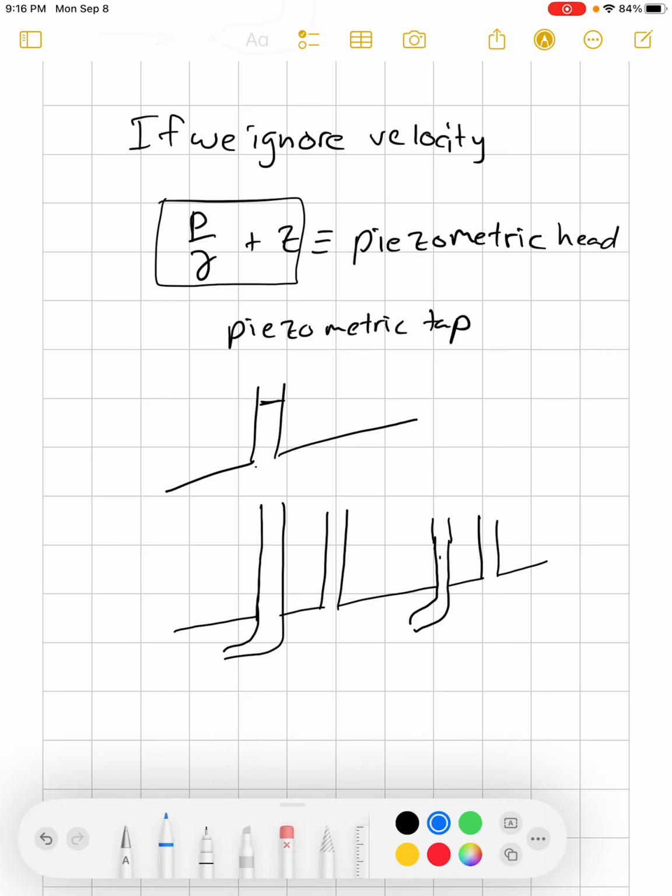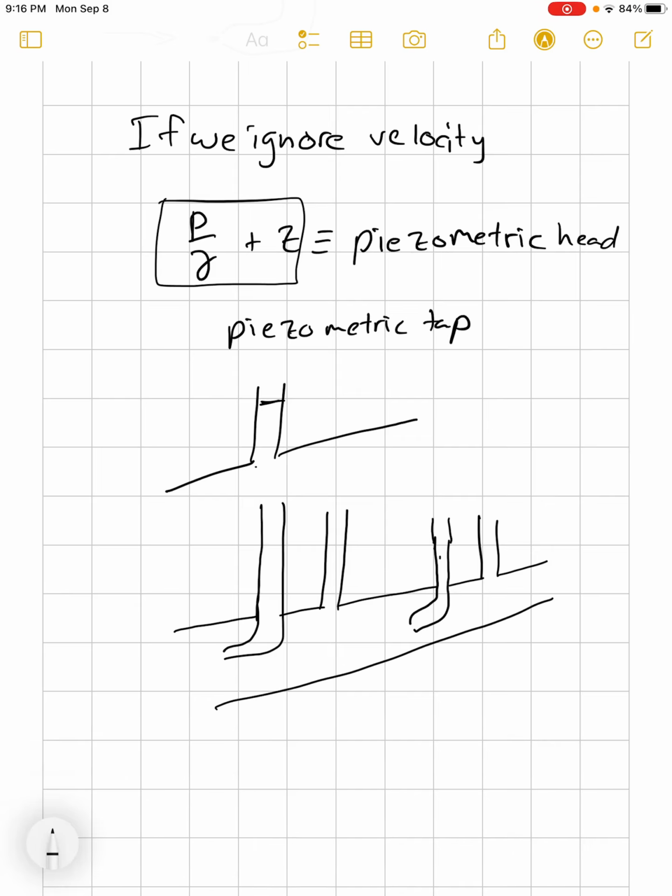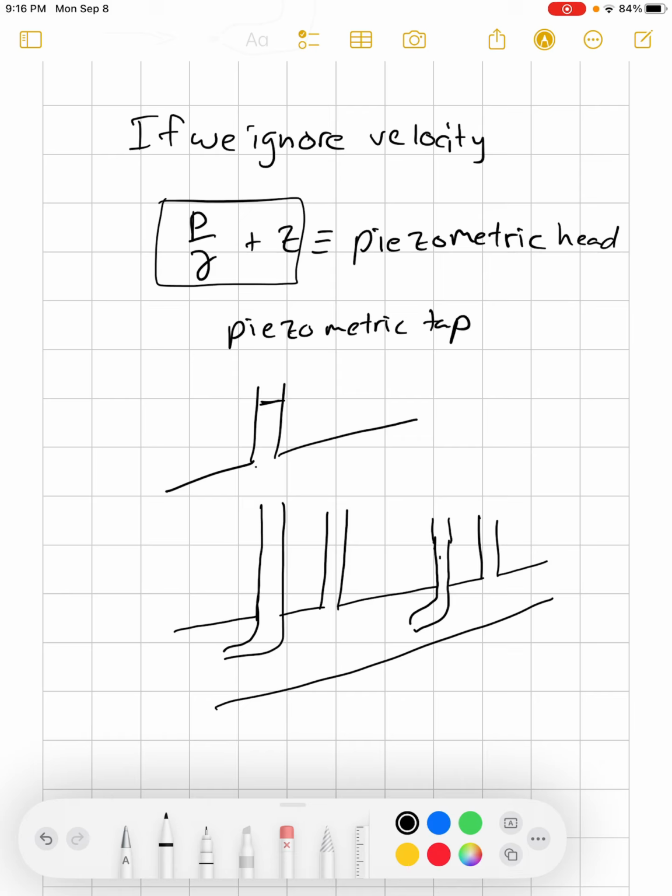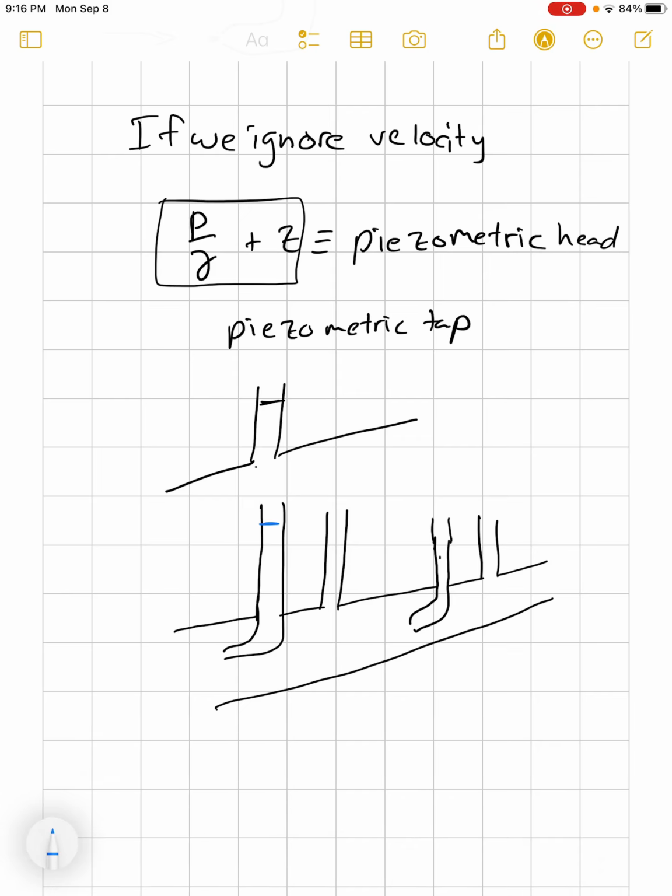Okay, if we're looking at the measurement in the pitot tube, since it's the same flow, we're assuming that the energy is being held constant. So what we would expect to see is that this line here is the same in both pitot tubes.